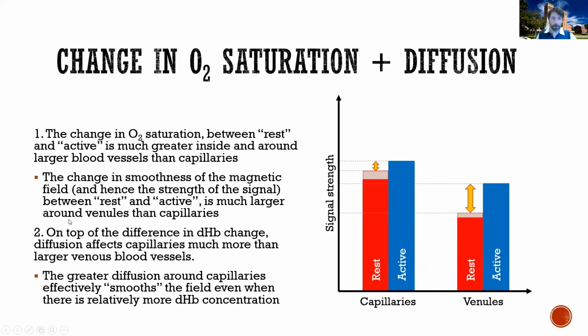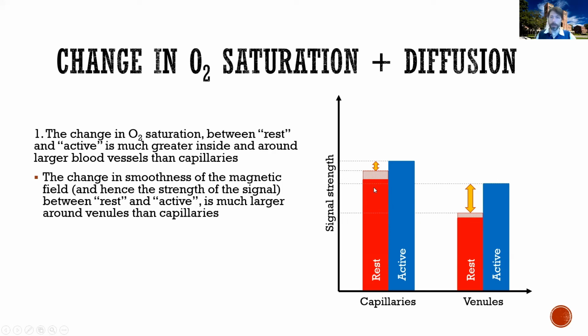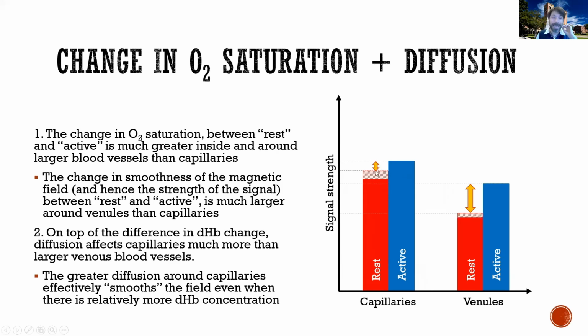Sorry, let me take one step back. So first, for starters, as this is showing, the change between rest and active, between off and on, around venules is just so much larger in magnitude than the change that we see around capillaries. On top of that, not only is the change around capillaries already small, diffusion makes it even smaller.